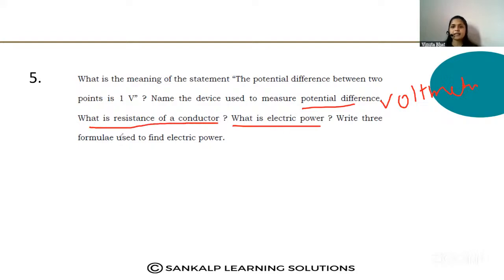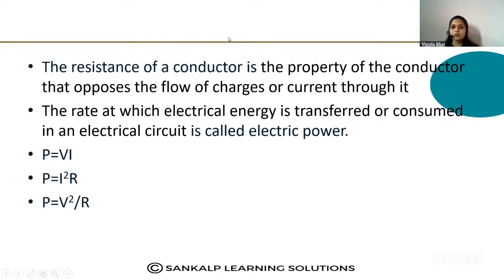And what is the resistance of a conductor? The resistance of a conductor is the property of the conductor that opposes the flow of charges or current through it. It is the ability of the conductor to oppose the flow of electric charge through it.